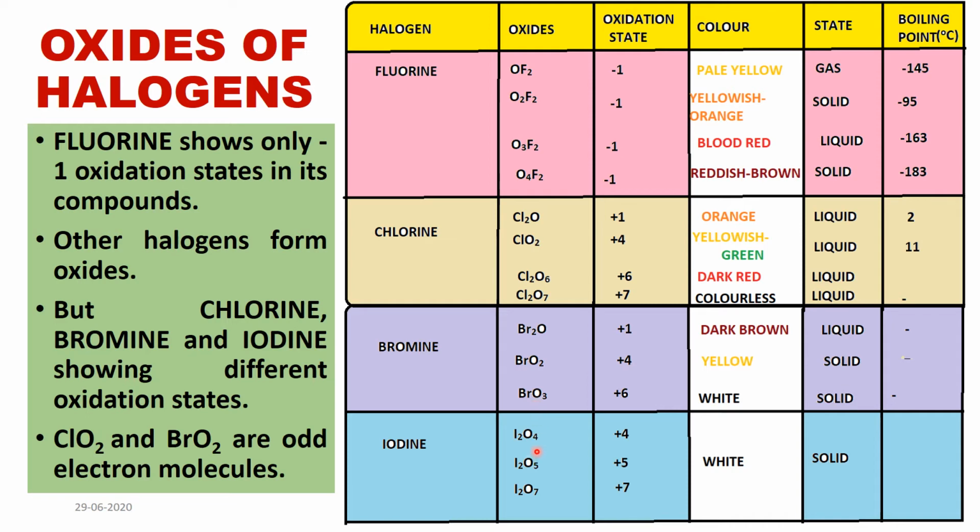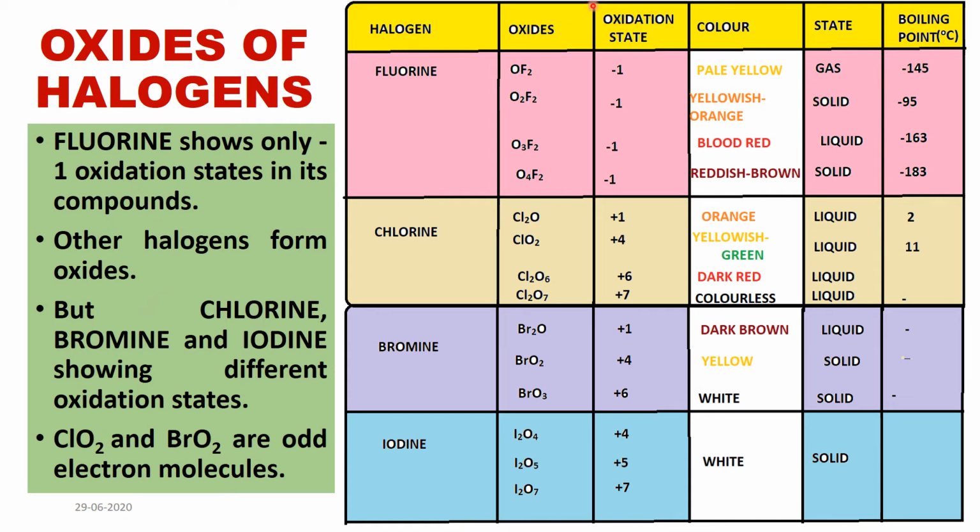Iodine forms several oxides, and first one is iodine tetroxide. In this, iodine is in the +4 oxidation state, and in iodine pentoxide, iodine exists in the +5 oxidation state and it is a white solid. In iodine heptoxide, iodine occurs in the +7 oxidation state.